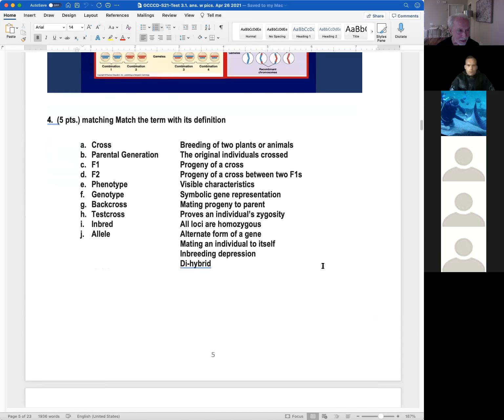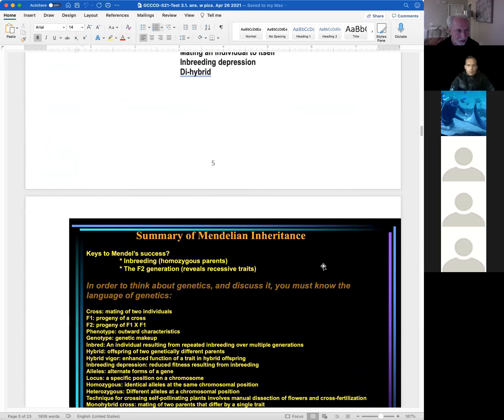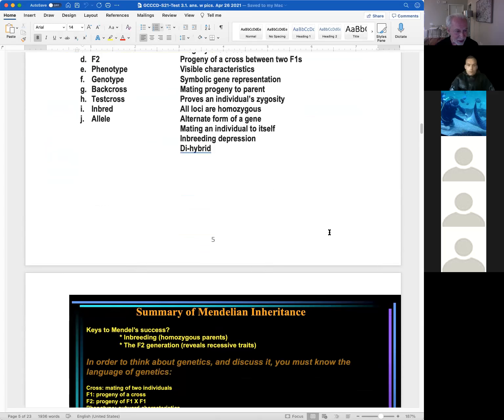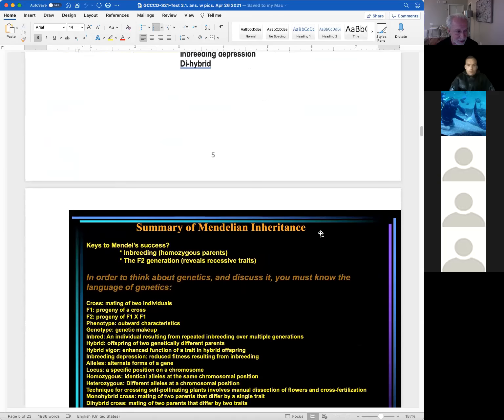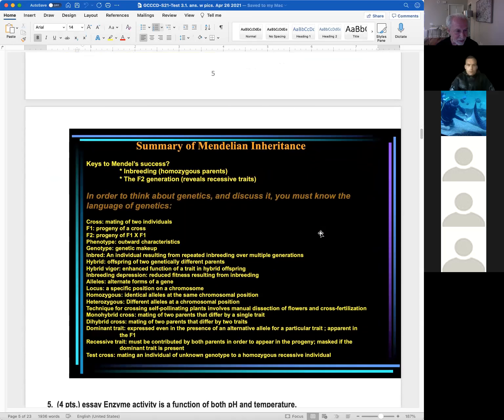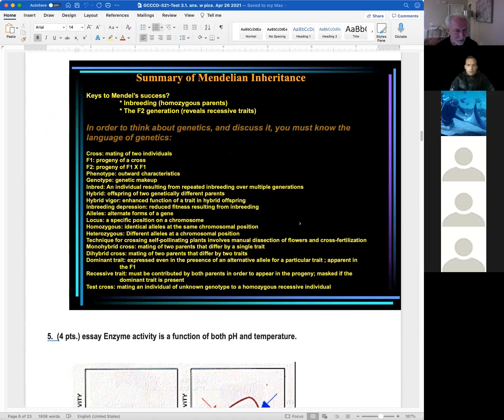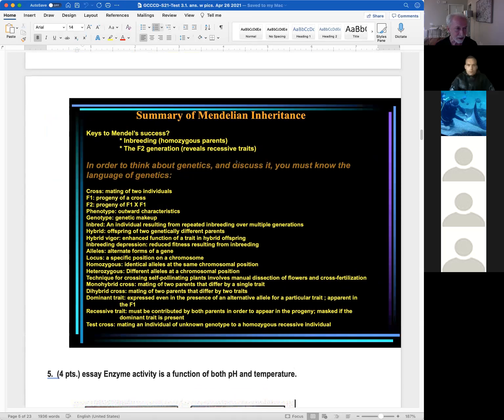Now, the next question, only a couple of people actually got all of these correct. And I'm concerned about that because of this slide. All of these matching pairs came from this slide, which is a summary at the end of the Mendelian inheritance slide set.